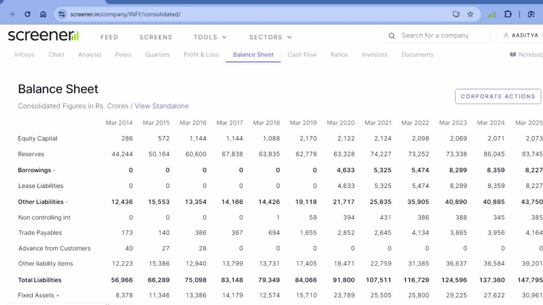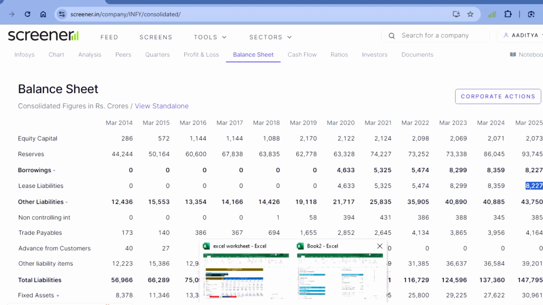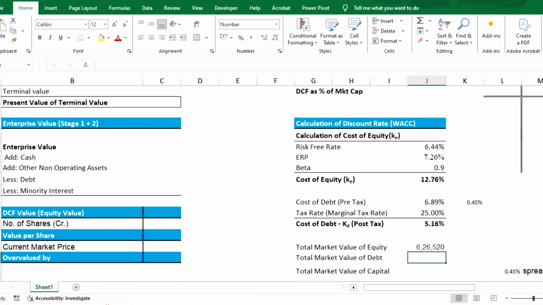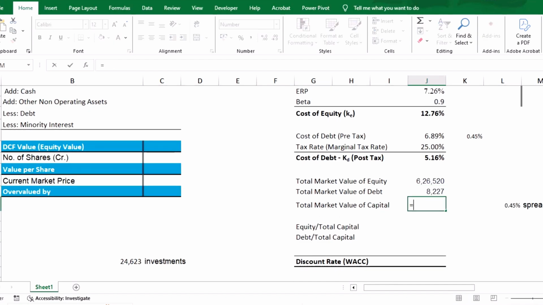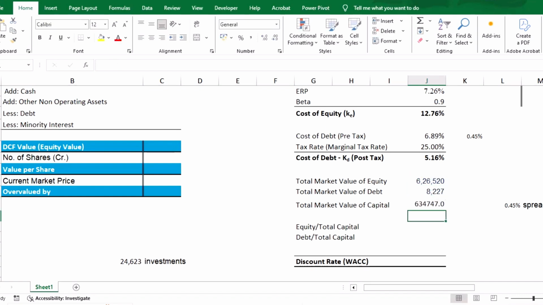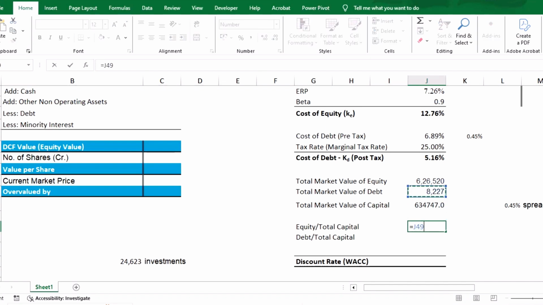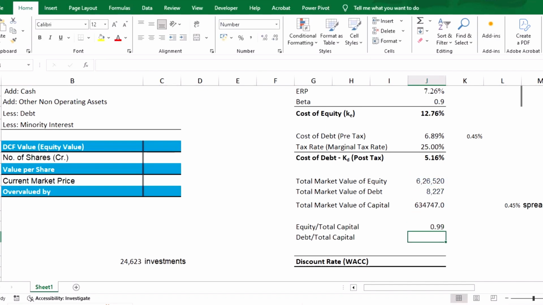Pick it from here and paste it over here. You have both the components, sum it, and equity upon total capital, and the same for debt. So you can see the debt portion is very minimal. The company is a net zero debt company.